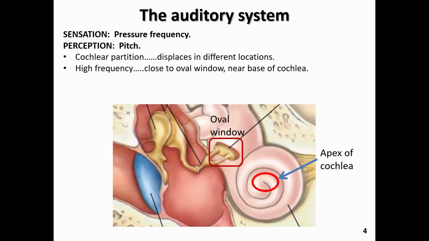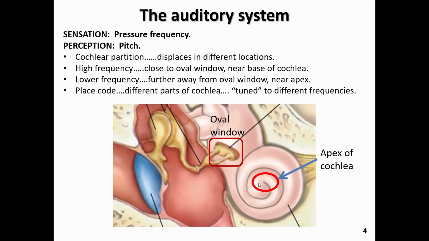So close to the oval window, near the base of the cochlea, we have high frequency waves, and lower frequency waves will be conveyed further away from the oval window, closer to the apex. The lower frequency waves have a long mechanical transmission that will eventually reach the apex of the cochlea, and those neurons, the hair cells, are naturally tuned at those locations and become sensitive to that transmission.